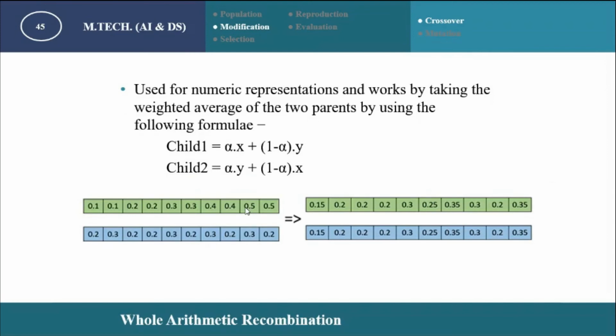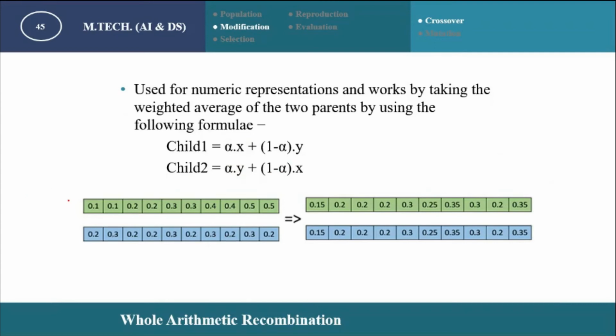So the next one is whole arithmetic recombination. In the case of whole arithmetic recombination, it is used only for numeric representations, because in the case of permutation type problems, this cannot be used, or is not much used. In this case, for child one, we take alpha x plus 1 minus alpha of y, and for child 2, alpha of y plus 1 minus alpha of x.